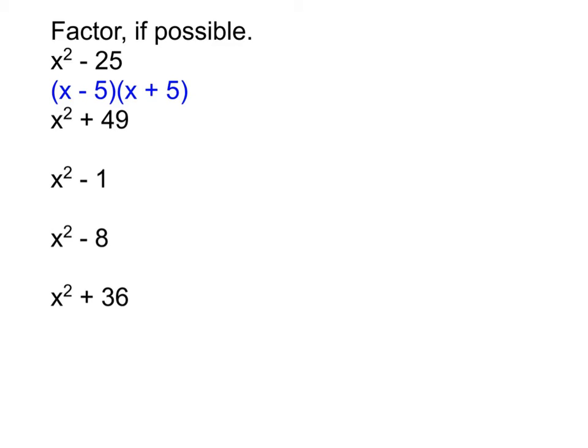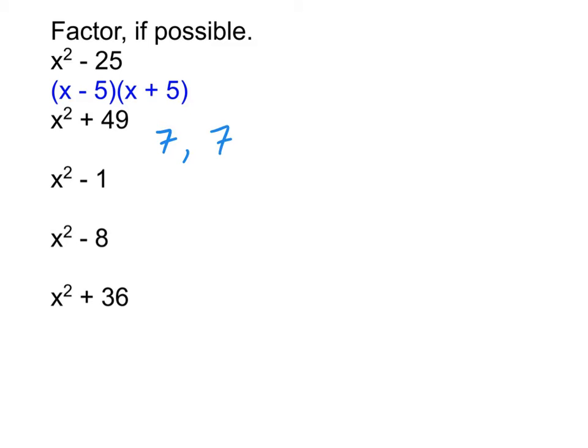All right, and then we do the same thing with the next one, where we're looking to see what two numbers add to 0 but multiply to 49. Is there such a pair of numbers that adds to 0 but multiplies to 49? Let's see here. I heard a few different things all at once there. I heard 7 and 7. That multiplies to 49. Does that add to 0?